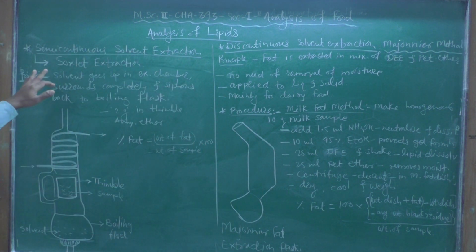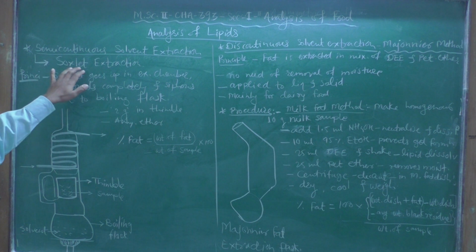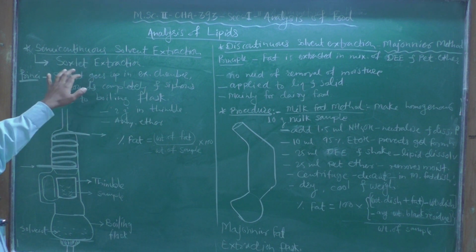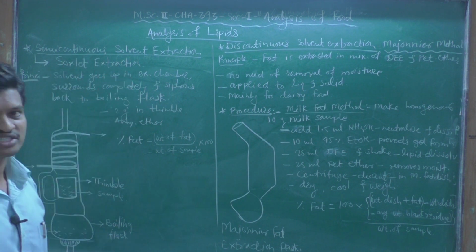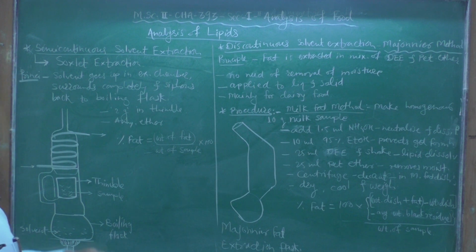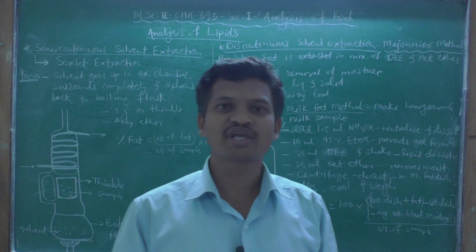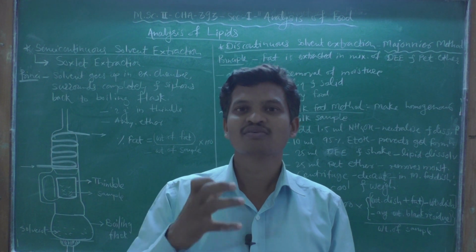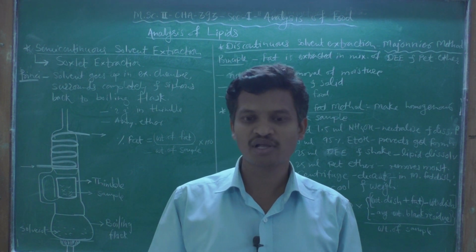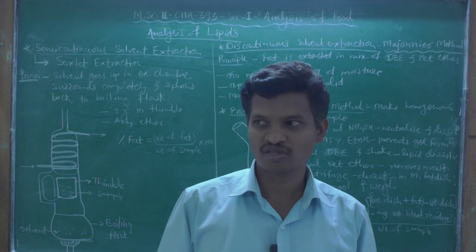The semi-continuous solvent extraction method is nothing but the Soxhlet extraction. With the help of the Soxhlet apparatus we can extract lipids from the food sample into our solvent.